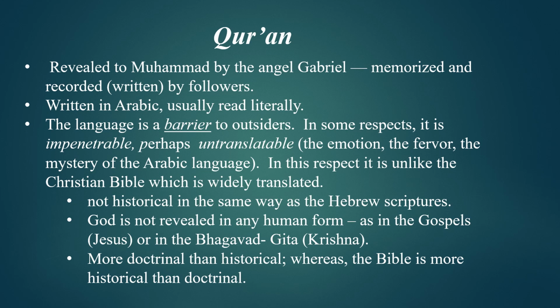And you would ask why, what in it makes it difficult to translate? The language within which it's written has an emotional quality, or contains a fervor and a mystery of the Arabic language. That's hard to capture and translate into another language.